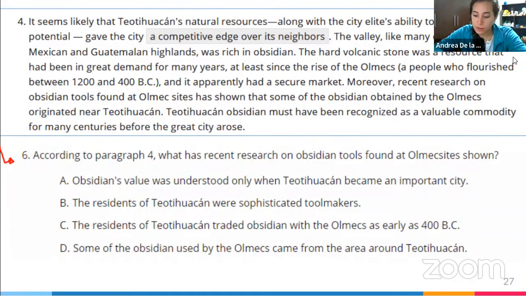So yes, totally. If we read the question, it says, what has recent research on obsidian tools found on Olmec sites shown? What would you guys say the keywords are in the question?